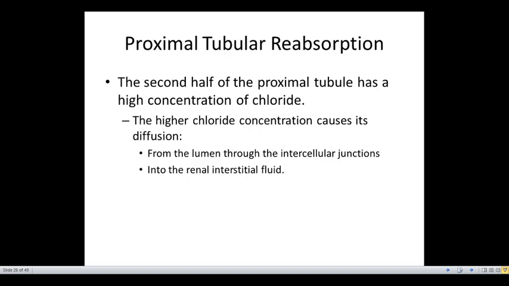The second half of the proximal tubule has a high concentration of chloride. The higher chloride concentration causes its diffusion from the lumen through the intercellular junctions into the renal interstitial fluid.